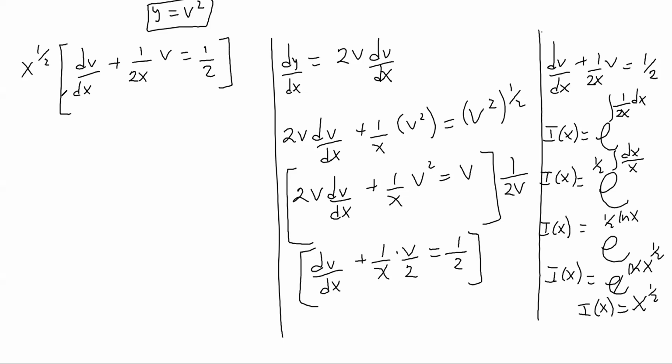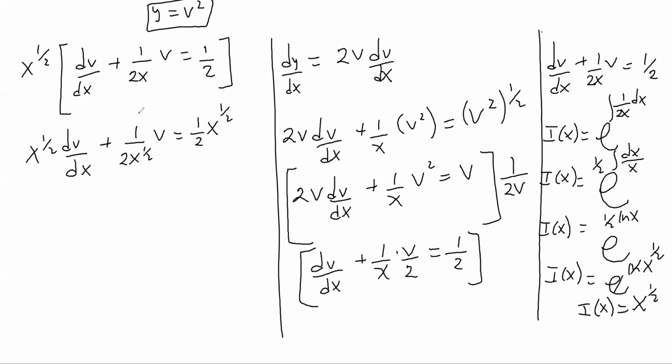If I multiply the first term, I will have x raised to the half dv by dx. And for the second term, this x is 1 and this x is half, so 1 minus half, I will have half. So I will have plus 1 over 2 x raised to the half v will be equal to 1 over 2 x raised to the half.